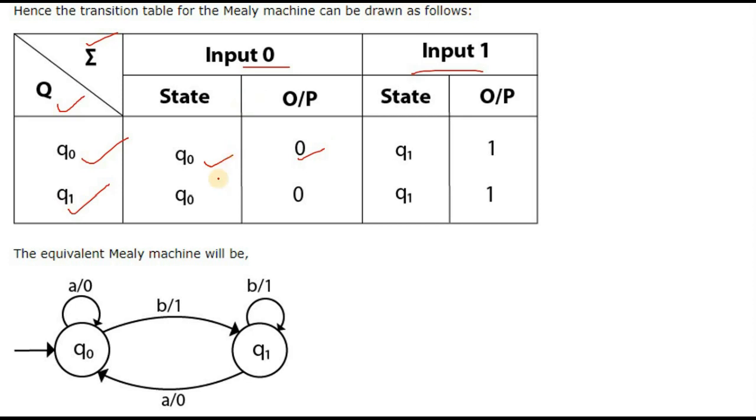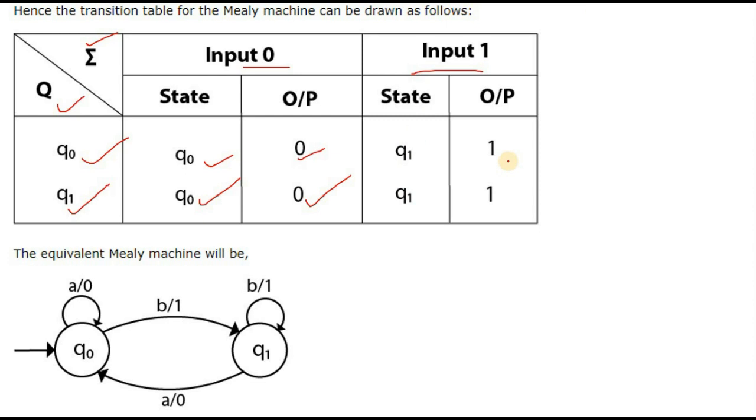So Q0, that is also Q0, right? For Q1 when the input is 0, the output also belongs to Q0. That's why I have mentioned 0 here. And input 1, so states Q1 and Q2. So what happens in Q1 and Q2? In both the cases output is 1.